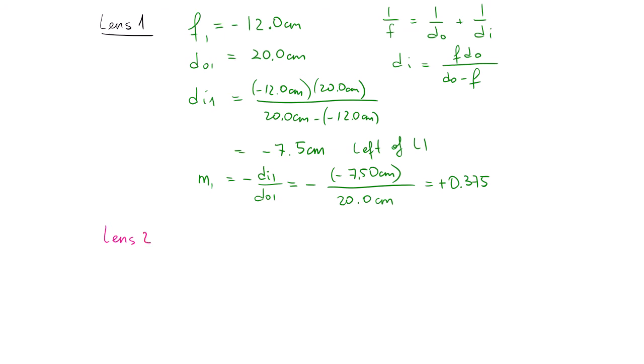For lens 2, we have f2 equals positive 12.0 centimeters.